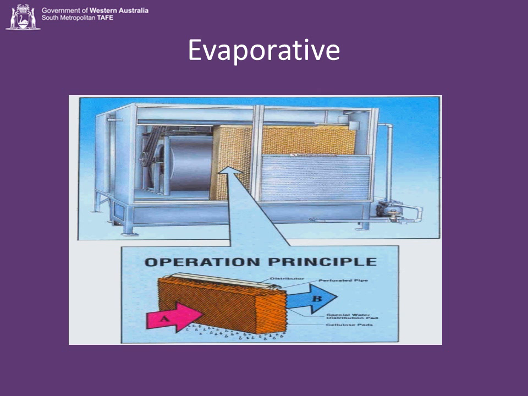A very cheap and easy way of cooling air is with an evaporative cooler. This is effectively the same way as a cooling tower works, and the principle is that you pass water across a cell which is like a honeycomb of holes, and you suck air through. As the air passes the water, evaporation occurs.